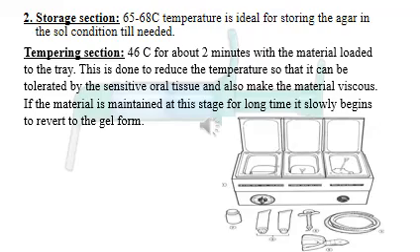This is done to reduce the temperature so that it can be tolerated by the sensitive oral tissue and also make the material viscous. If the material is maintained at this stage for a long time, it slowly begins to revert to the gel form. In this picture we can see the device with 3 containers.